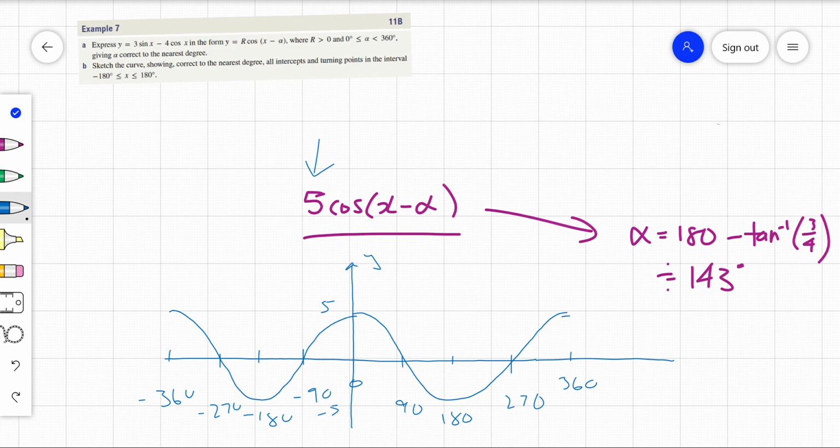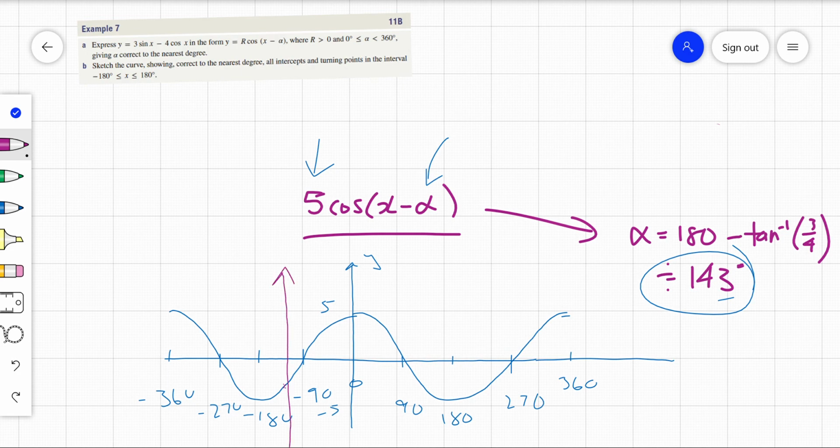So that stays the same, but we've got a shift to the right of approximately 143 degrees. So we're shifting everything to the right. If I go back to 143 degrees, so minus 143, let's say it's about here.